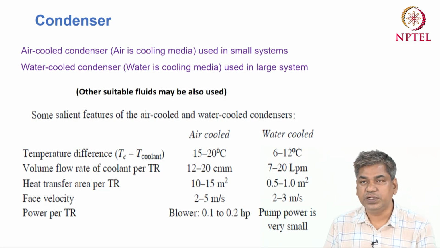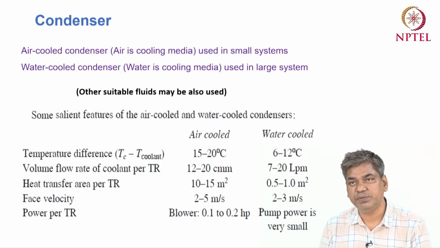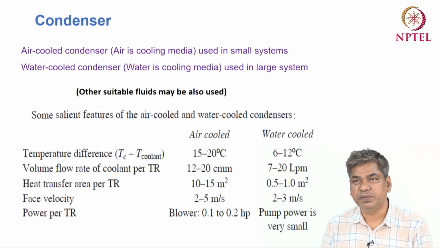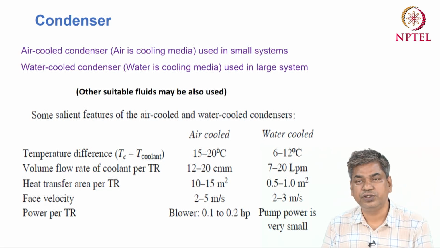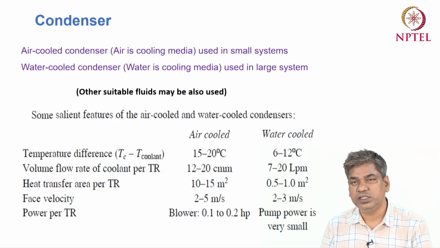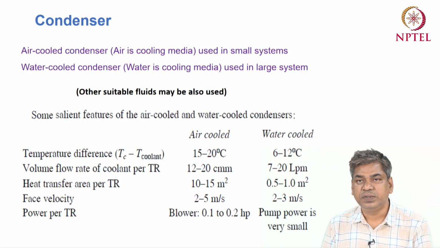This table basically shows some special differences between the air cooled condenser and the water cooled condenser. The first difference, which I have already told, is the temperature difference. Tc means the condenser temperature, and T coolant is the coolant temperature.